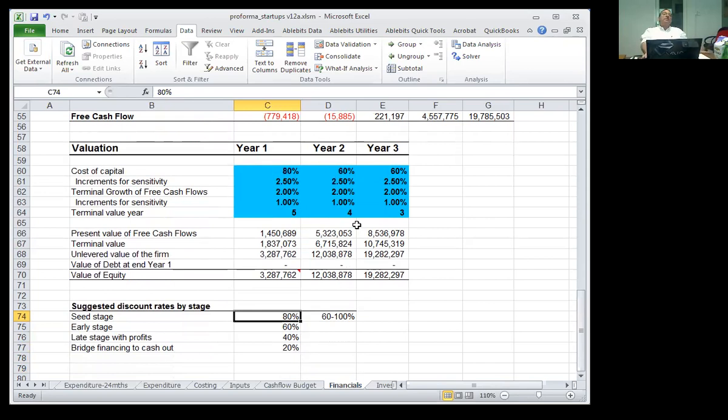For seed stage, 80% is actually generous, because the 30x we were talking about before is way more than 80% a year. If we use a real number, the valuation is going to go down to almost nothing. So 80% is already pretty generous. 30% is just going to get you worse.